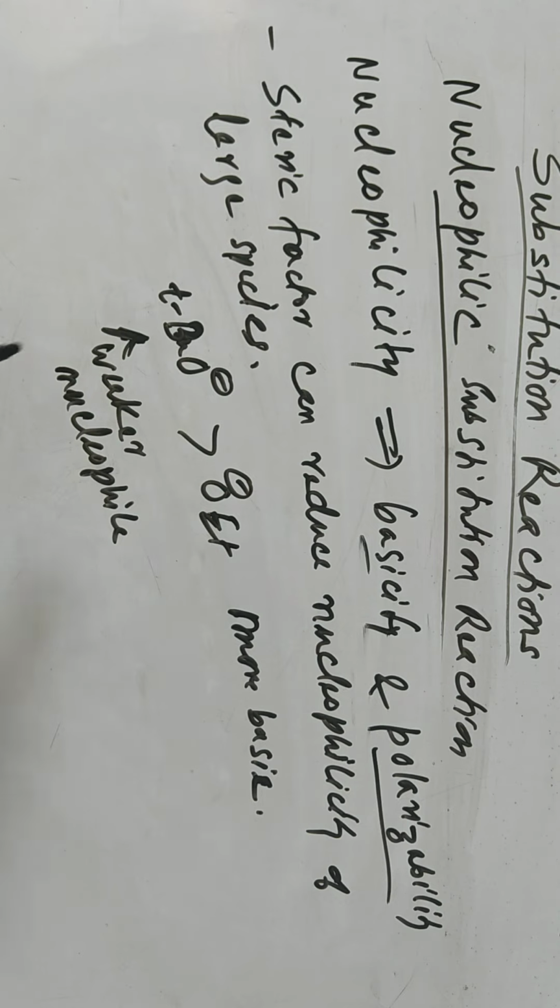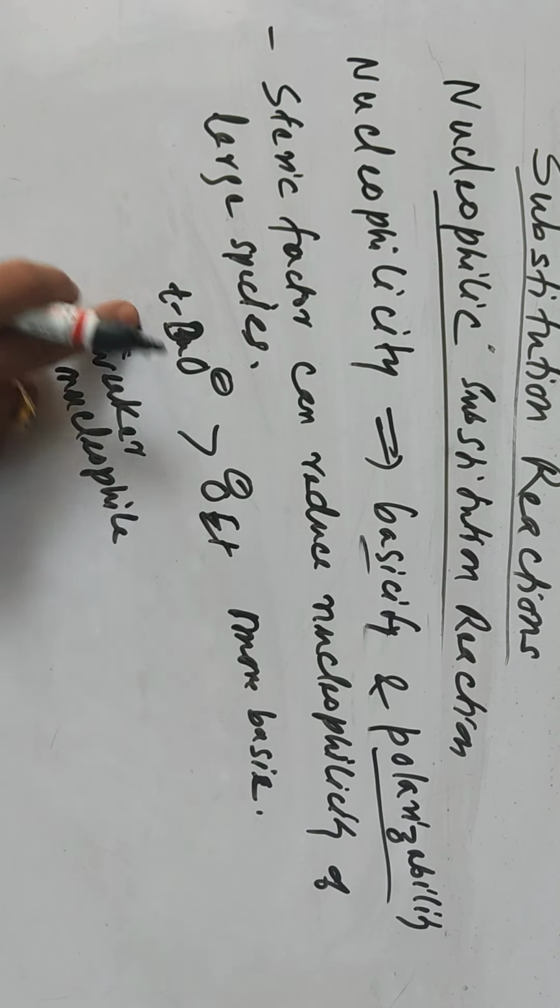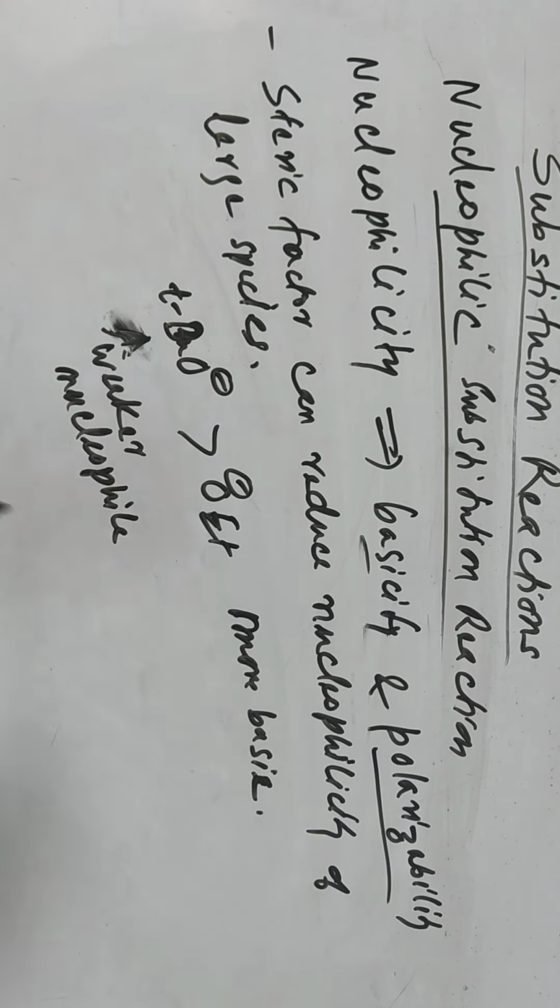Usually in basicity tert-butoxide is greater than ethoxide, but tert-butoxide is a weaker nucleophile because its bulky groups prevent it from approaching an electrophilic center.